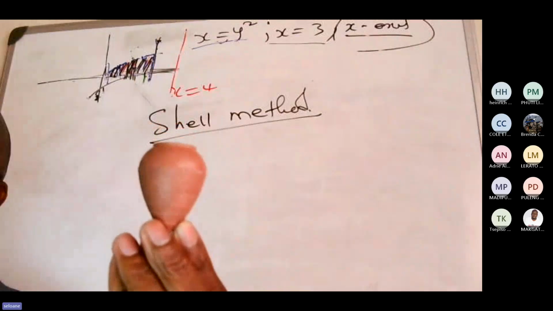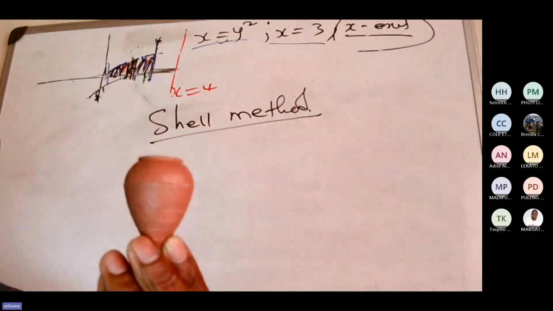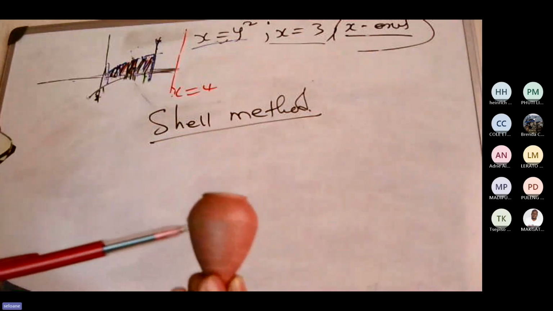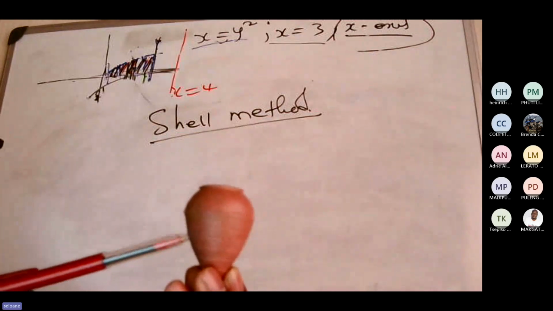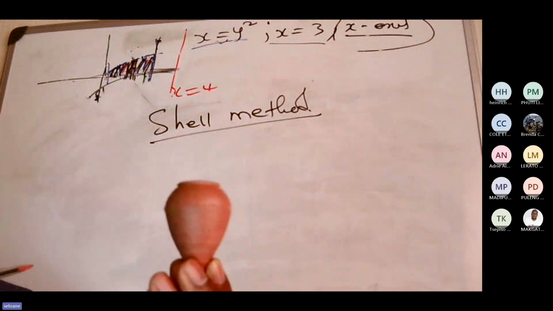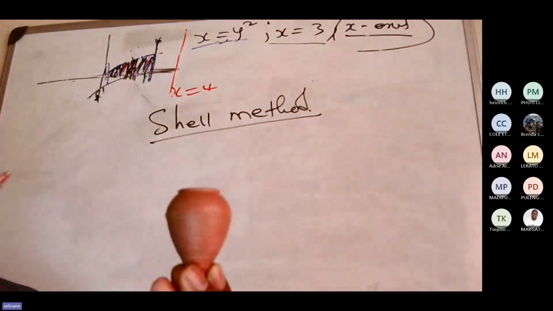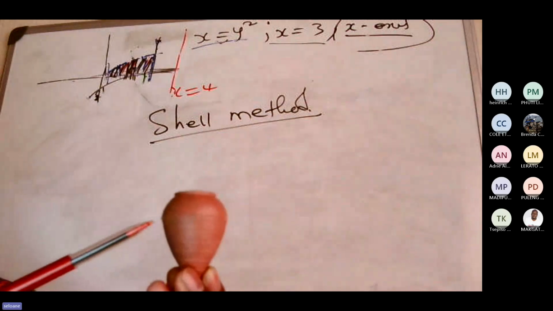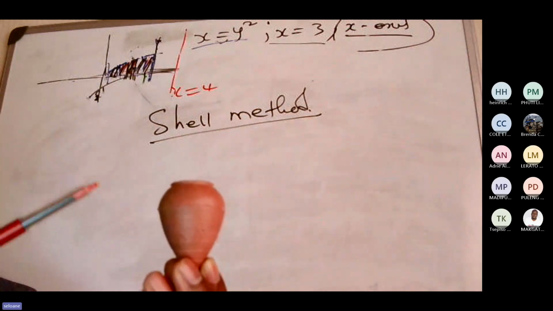It's a solid of revolution. How do you do it? Now you cut this. Cut here, somewhere here. Then you cut, you cut. Just a bit, with a razor or whatever, just like peeling potatoes.